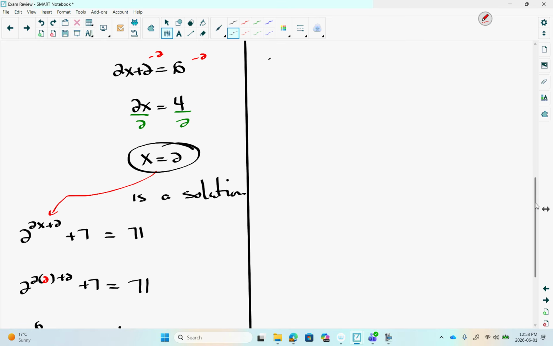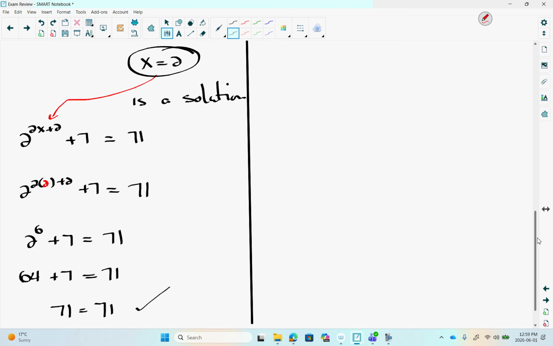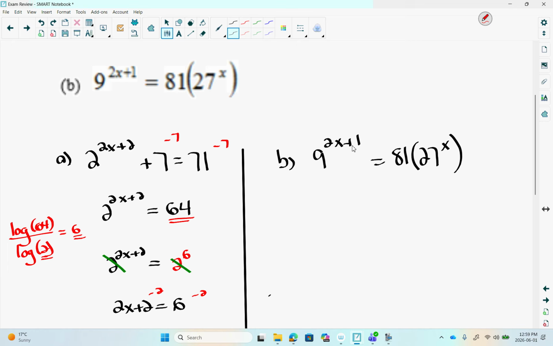Another example over here. It's a little more complicated. It gets us to use our exponent laws a little more. We've got 9 to the power of 2x plus 1 equals 81 times 27 to the power of x. Anyone know what the base I should use is? 3. Awesome, Colin.